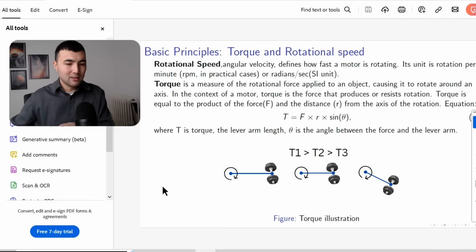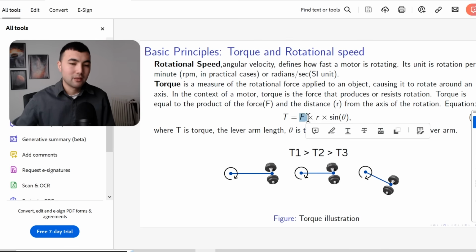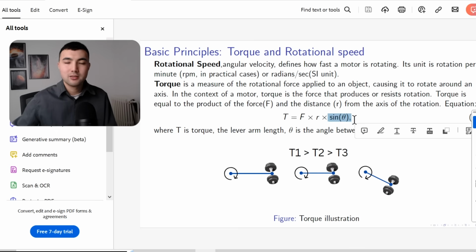So this is the classical equation of the torque. We have a force multiplied by the distance between the point where the force is exerted and the axis of rotation, and also we need to consider an angle between them.